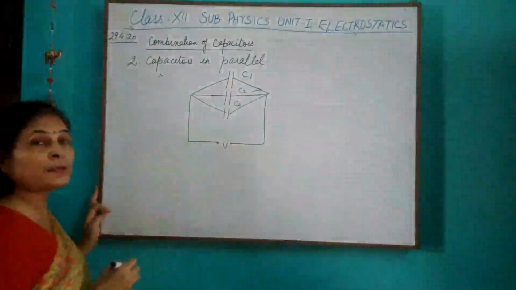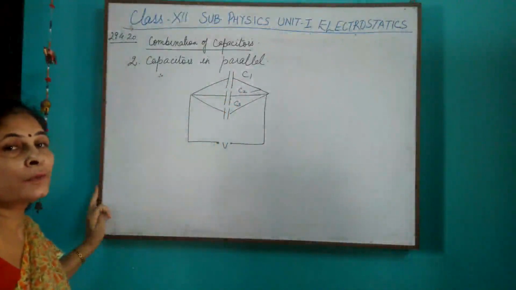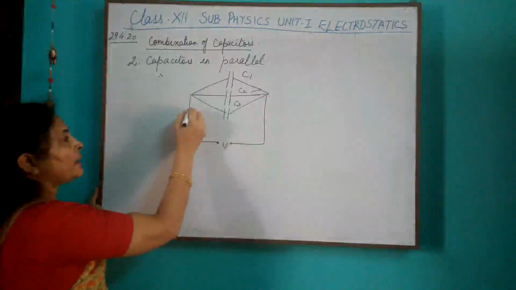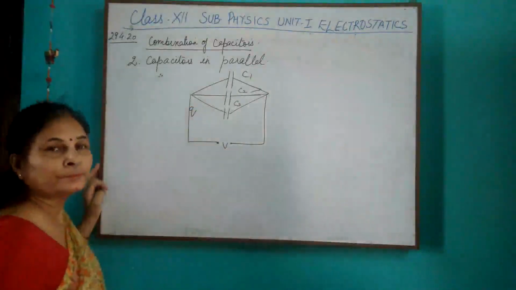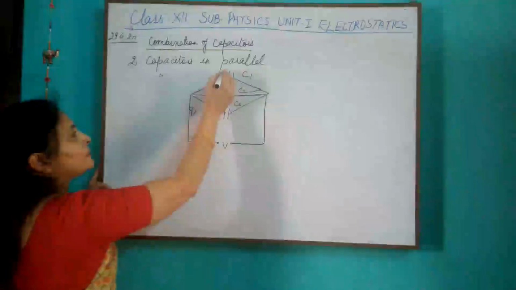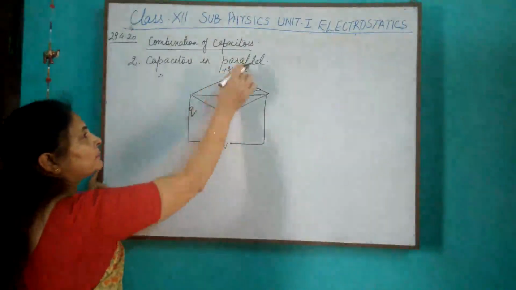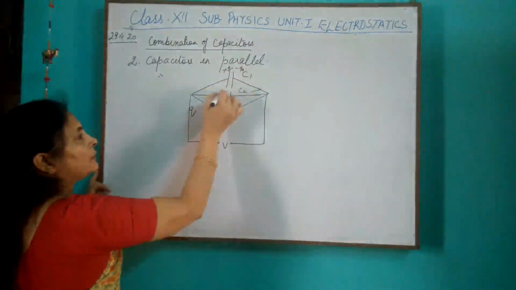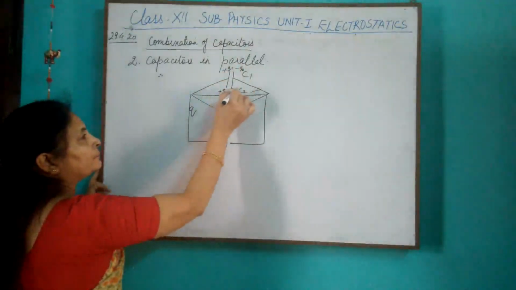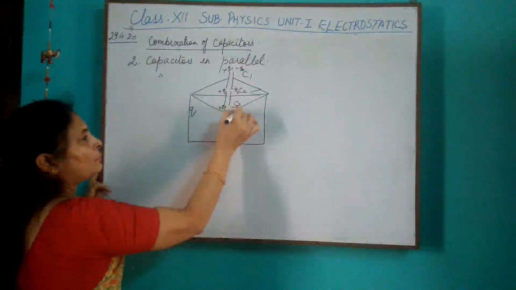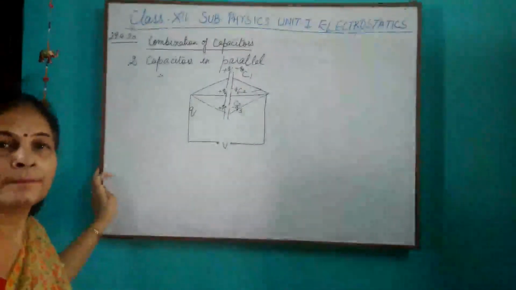Now the charges stored by the capacitors will be different. If the total charge supplied is say Q, then out of that, say Q1 is stored here, Q2 and Q3.